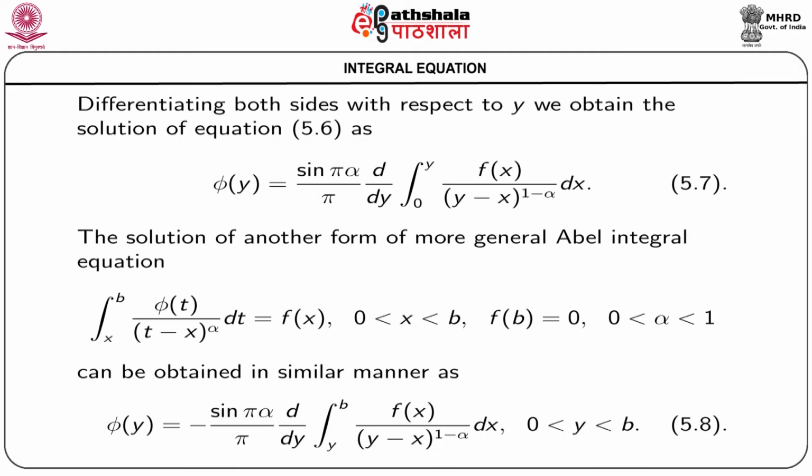Here also fb equal to 0 and alpha lies between 0 and 1.